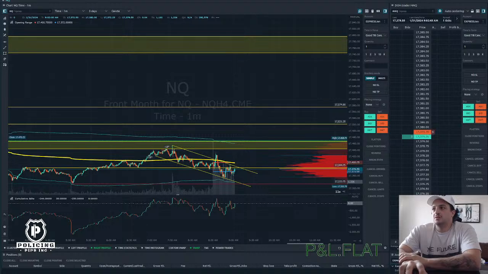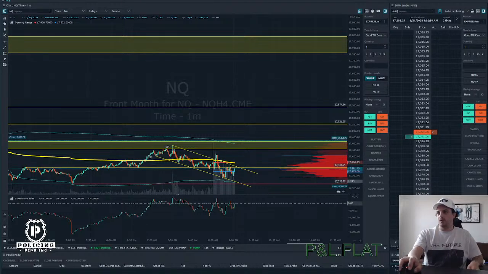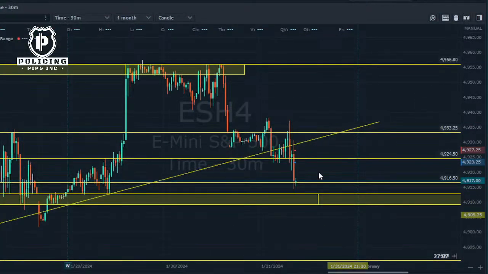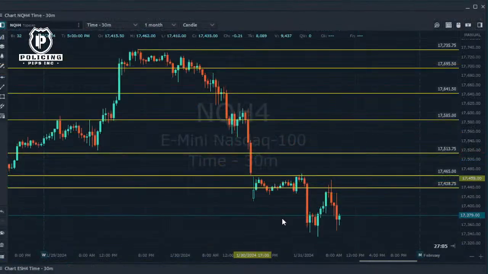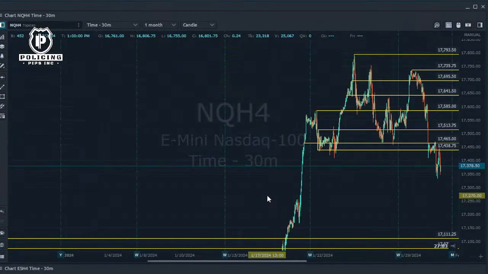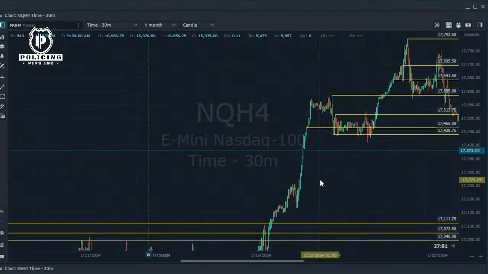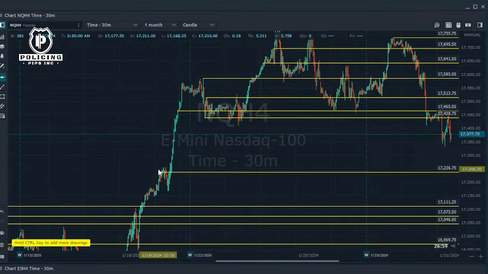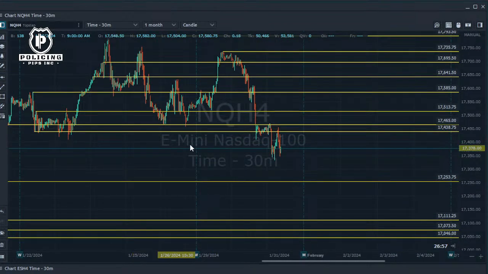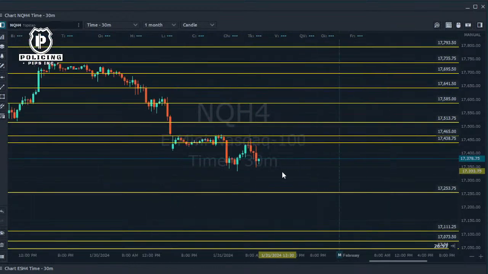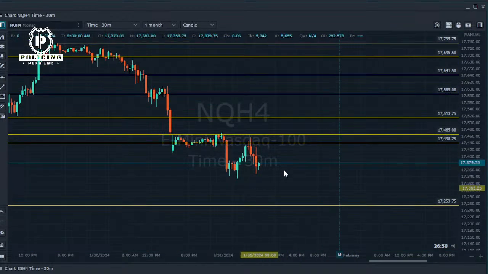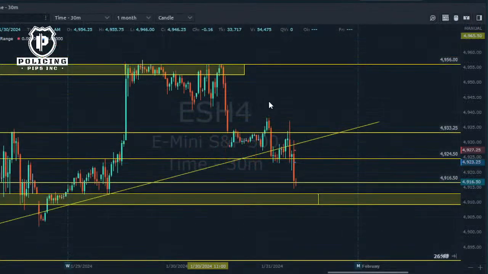The S&Ps, I redrew some. These stayed on my 30-minute charts. They stayed on. So I have my 30-minute stuff still up here. I'm going to put this on here. We're really nothing doing on the 30-minute chart here. Like I said, right in the middle of that range.